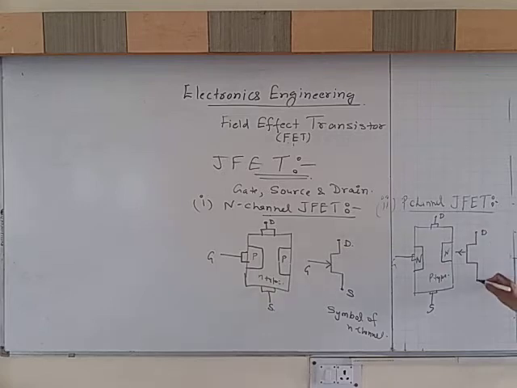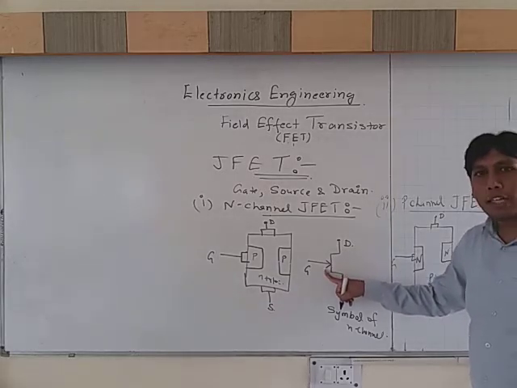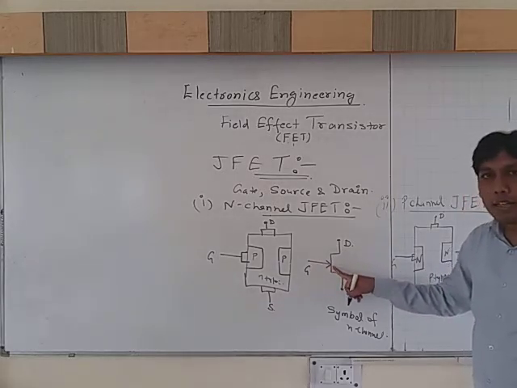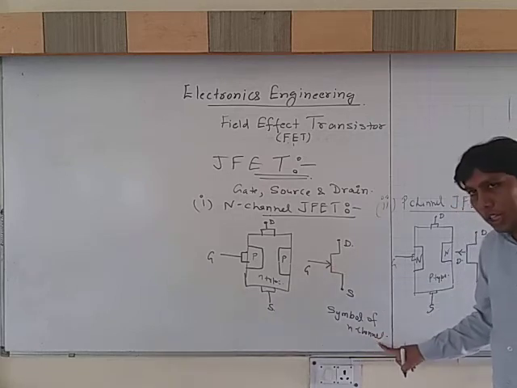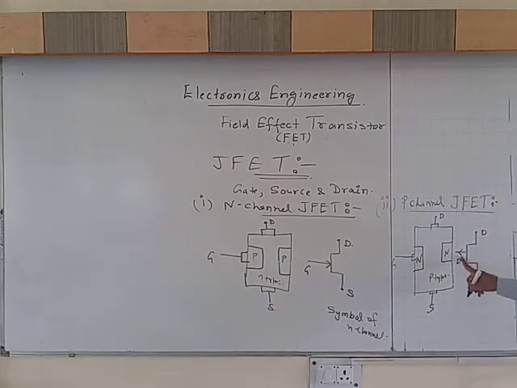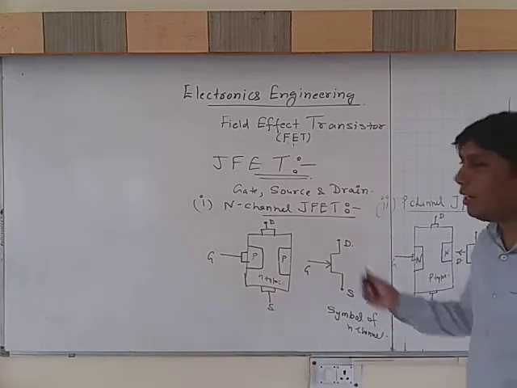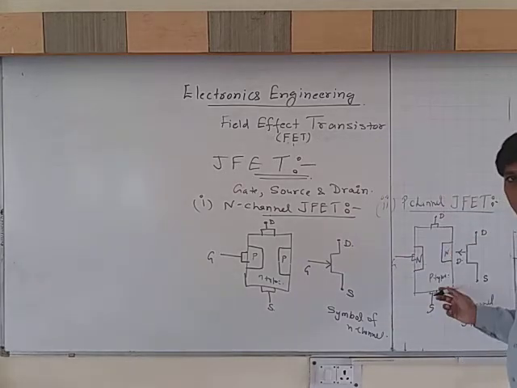This is drain, this is source, and this is gate. If we have the direction of current inward, then this is the symbol of N channel, and if we have the arrow outward, then it is the P channel JFET. This is the difference between N channel and P channel.